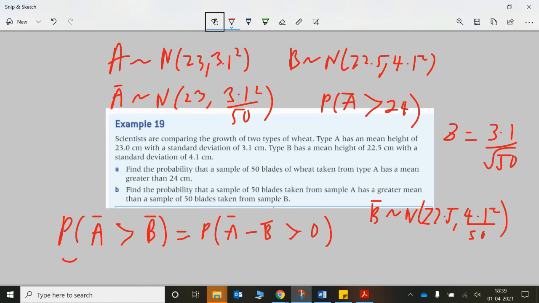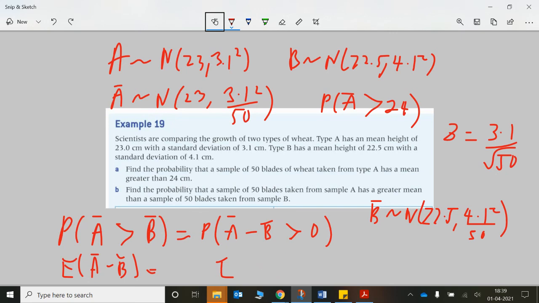So in that case, the expectation of A bar minus B bar is nice and simple. That's going to be the 23 take away 22.5. I think it's also helpful that we have 50 in both of these cases. Otherwise, we might actually have to do E of 50 lots of A minus, and it could get complicated.